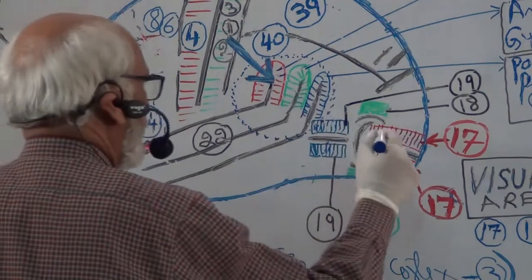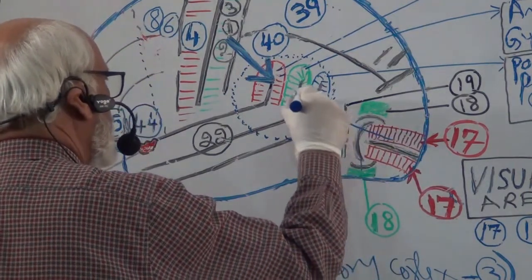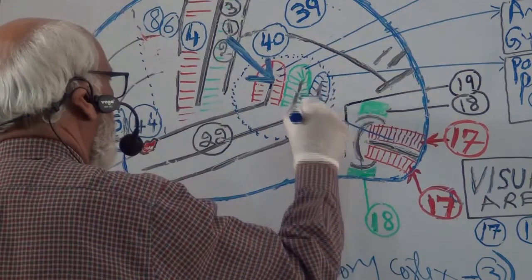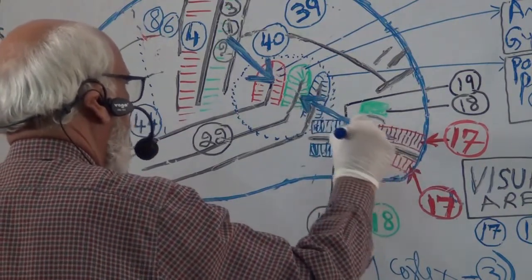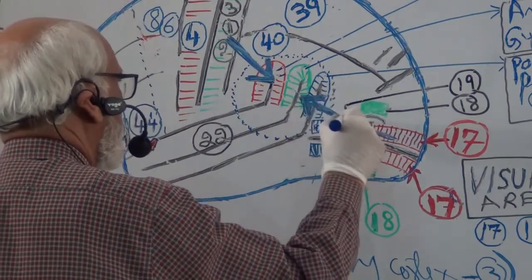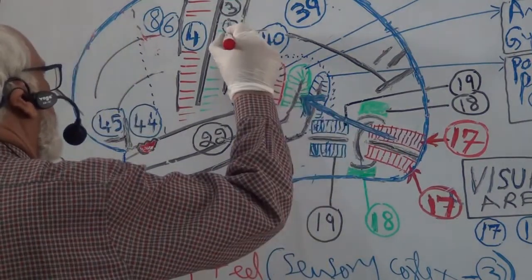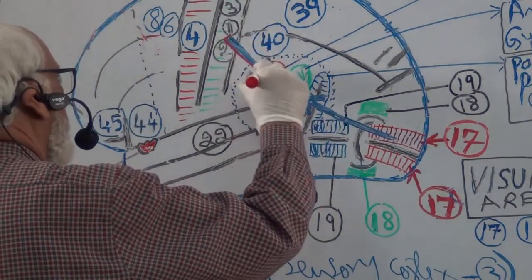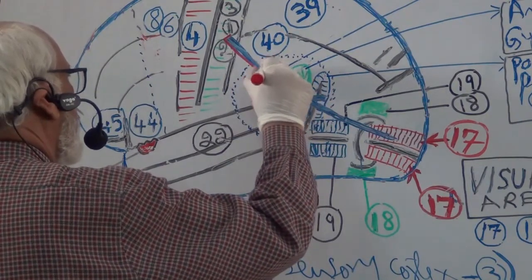Then visual information from the nearby visual center: the fibers from area number 17, the striate cortex, project into Wernicke's area.